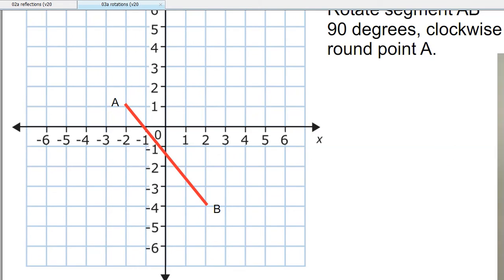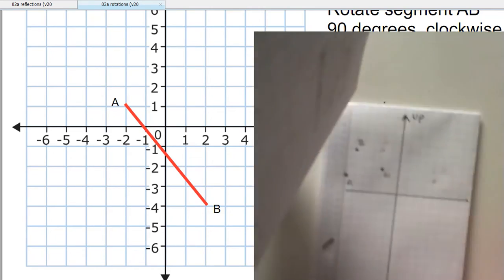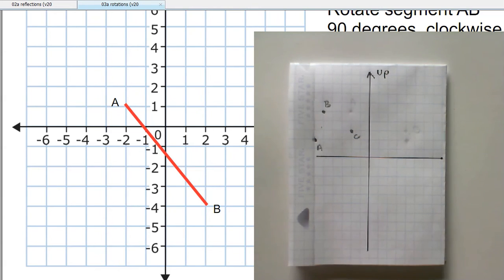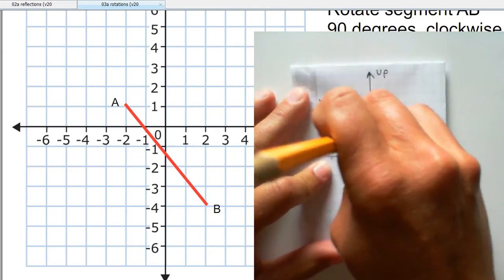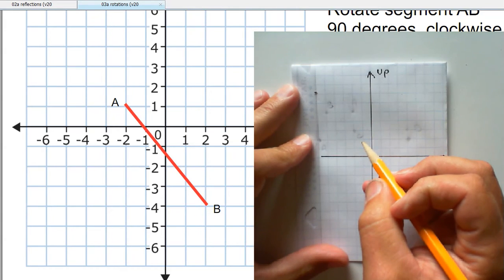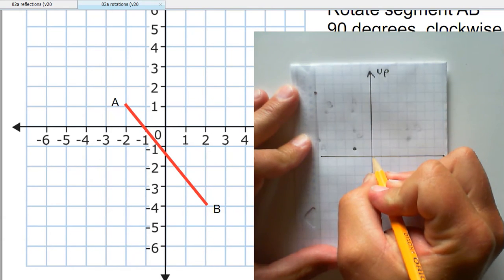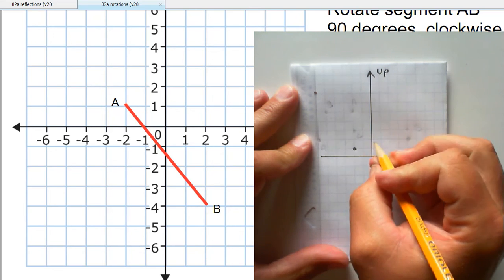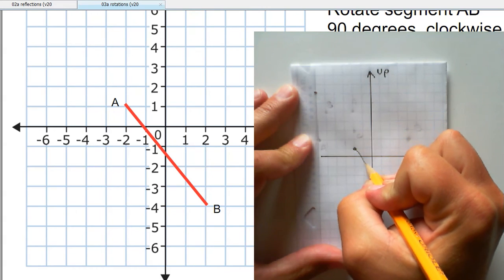Let's use this little piece of paper, around point A. So right now I have -2, 1. And I have 2, -4. So I have this line segment right here.